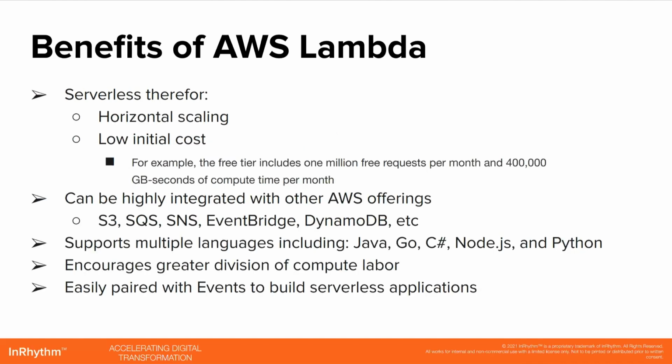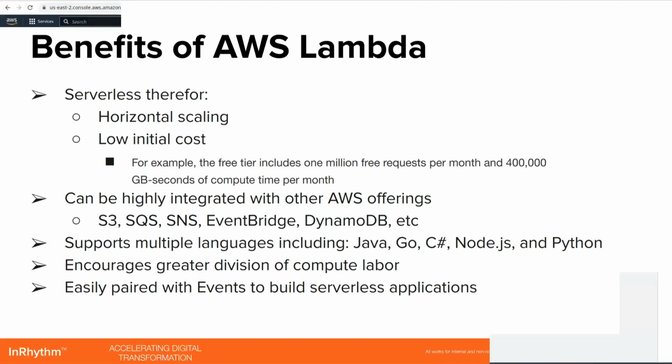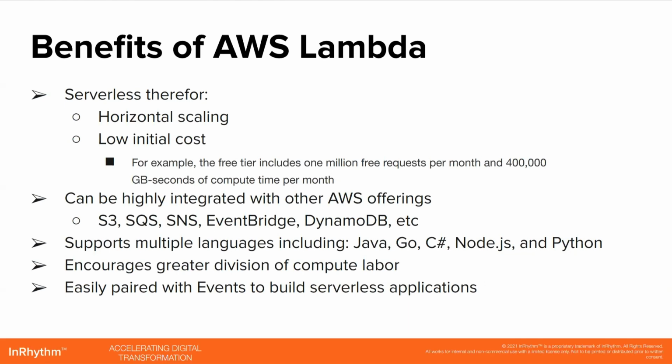Speaking of that, we'll talk about a few benefits here. Because it's serverless and the way AWS Lambda is set up, you can do horizontal scaling fairly quickly. And there's a low initial cost, so your barrier to entry is pretty low. For example, the free tier, as listed here, gets you 400,000 gigabyte-seconds per month of computing, or 1 million free requests is another good way to think about it.